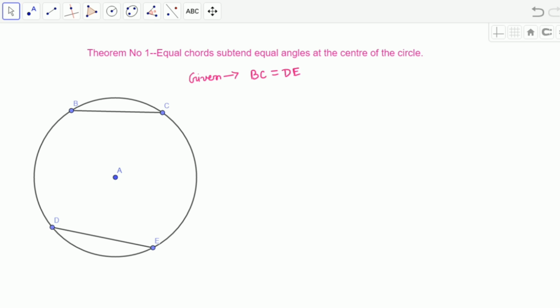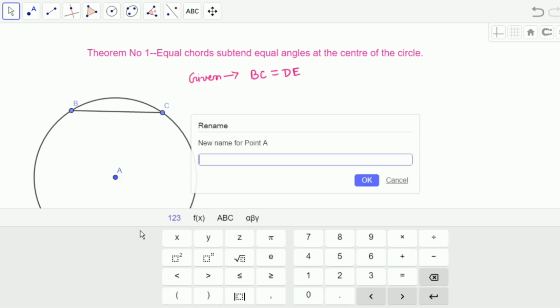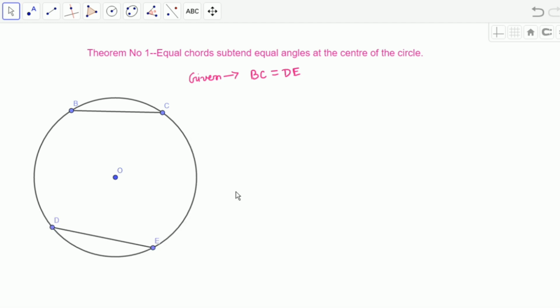I should rename the center of the circle to O. It's better that you name the center of the circle as O. So what is given is that two chords are equal, and also a circle C which has center O and radius R.